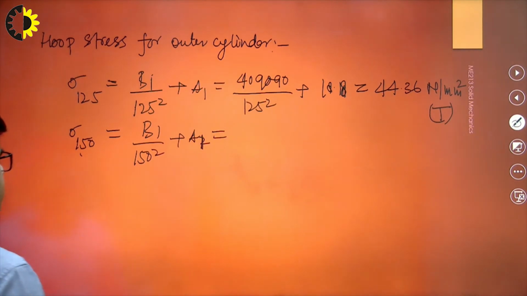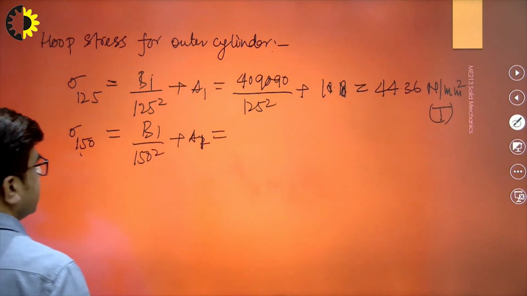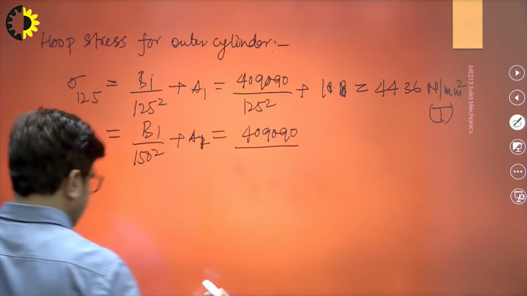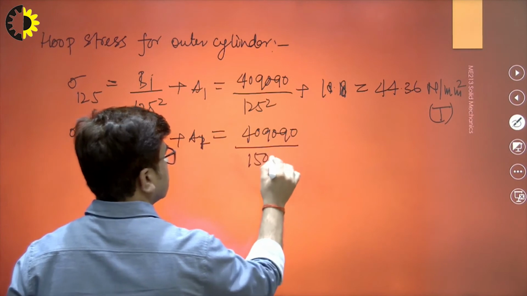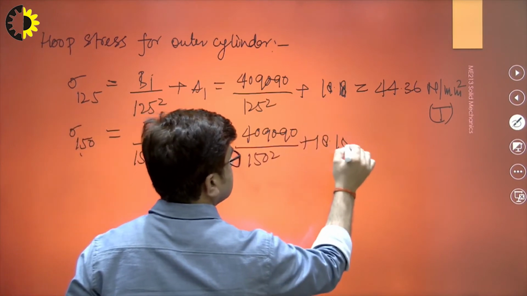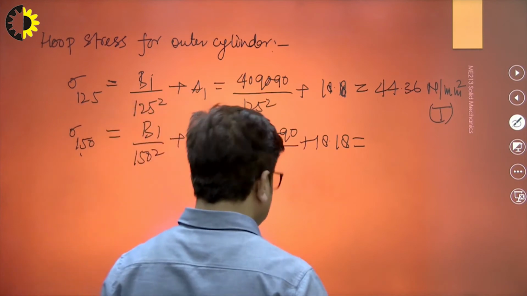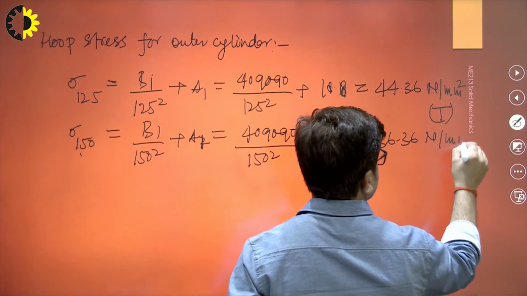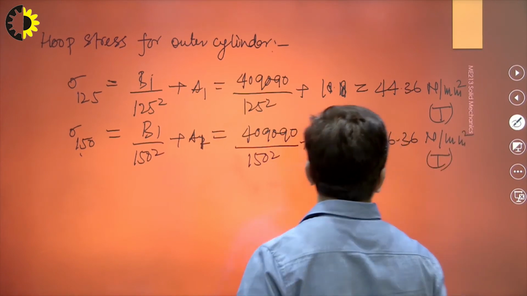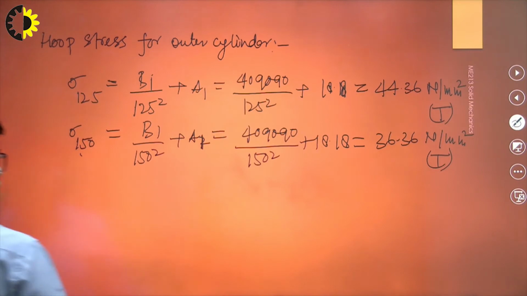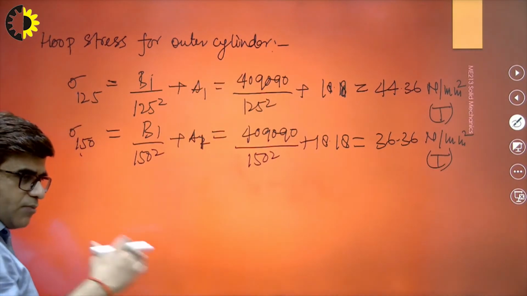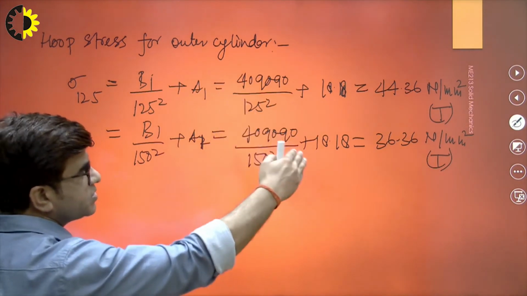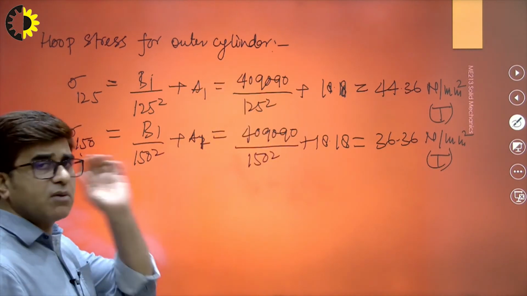So putting the value of B1 and A1 and after solving, this is 409090 by 150 square plus 18.18, and this comes out as 36.36 Newton per mm square, and this is again tensile. But one thing I am observing, as I am moving from the junction radius to the outer radius, hoop stress is decreasing, and it will decrease parabolically.